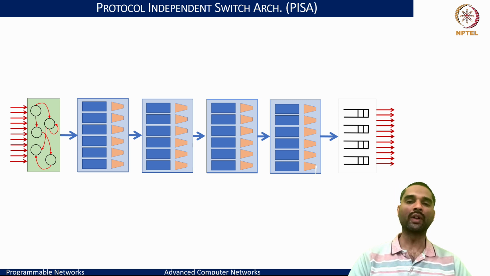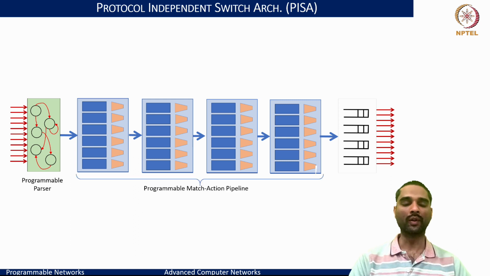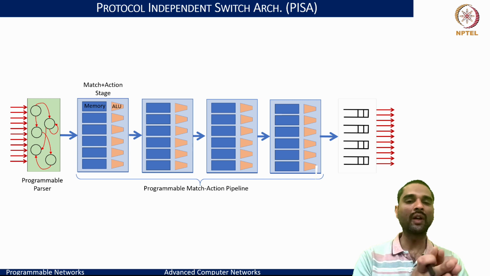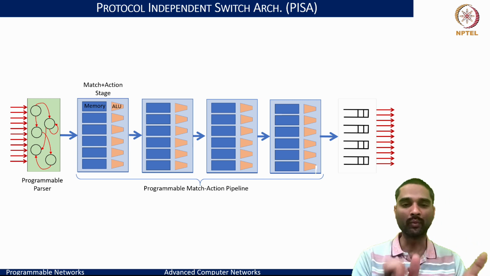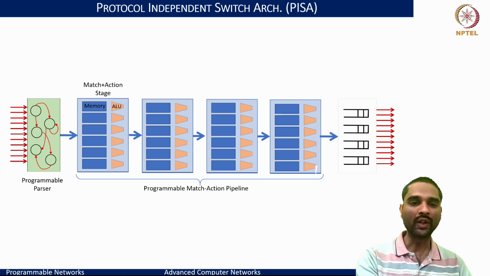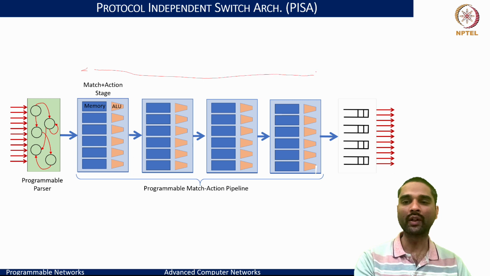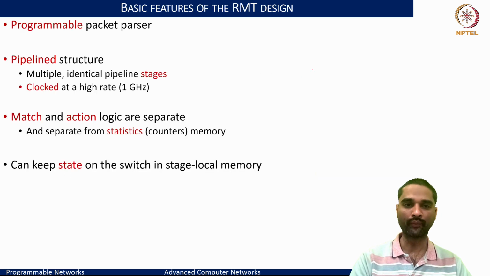And this is where the protocol independent switch architecture came in, to say we now control not just the programmable parser and match action pipeline, but we also want to specify for each match action stage what the table width and table depth should be, and for each of these processing steps, how many tables we want to support.